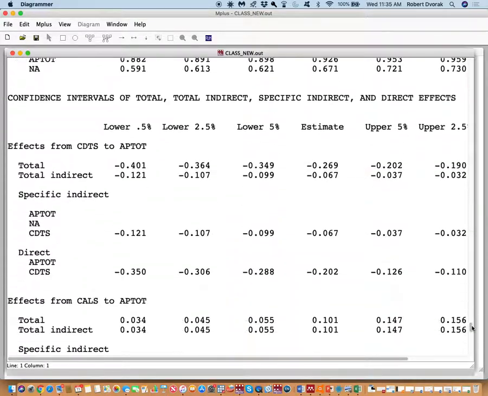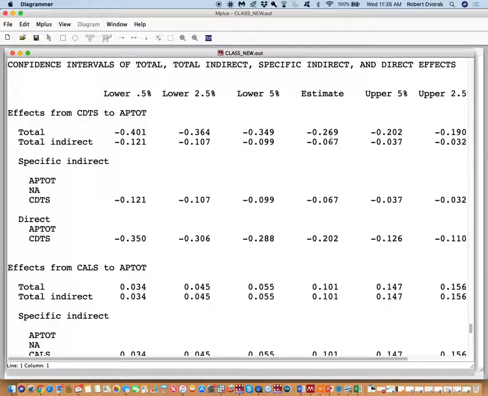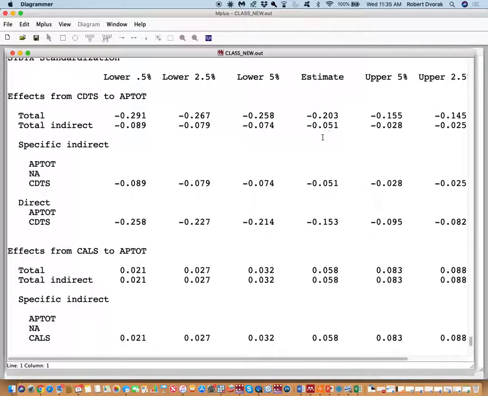And if we scroll down, we get our indirect effects. And this is our estimate of our indirect effects and our confidence intervals of our indirect effects. And then we have the standardized indirect effects and confidence intervals for our standardized indirect effects. And what that tells us is, when it comes to confidence intervals, how do we know if our effect was statistically significant based on the confidence intervals?